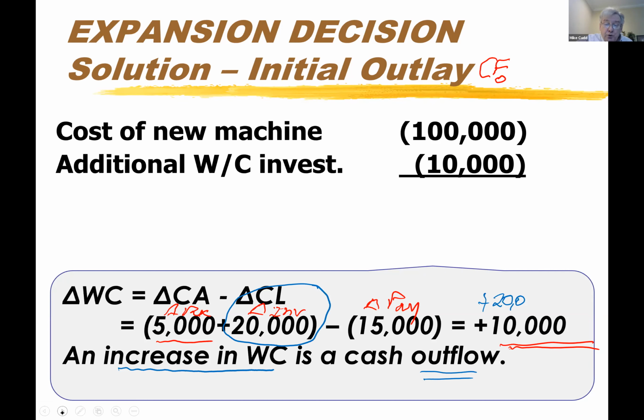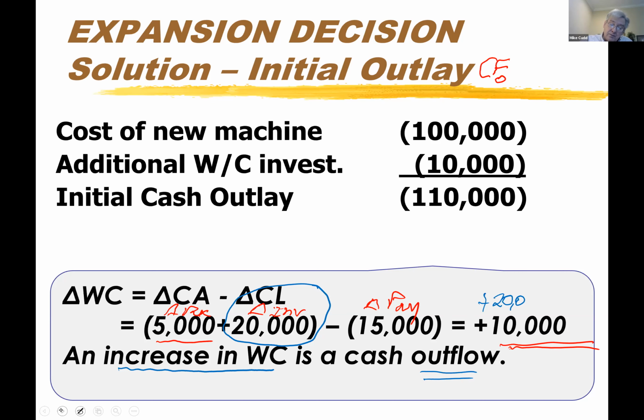So we not only would pay $100,000 for the equipment, we would have to invest a net amount of $10,000 in working capital. So our total initial cash outlay would be $110,000.